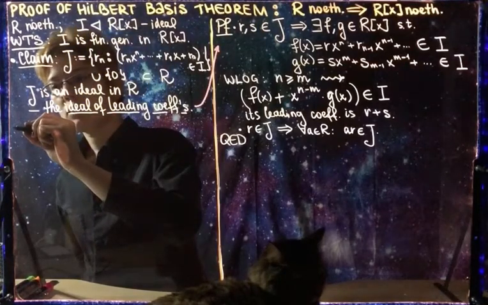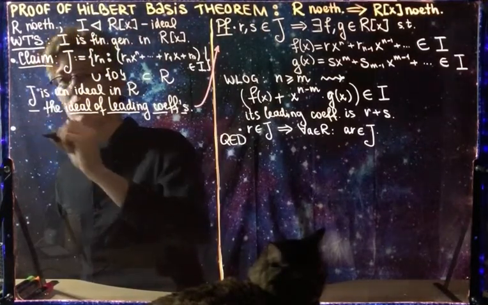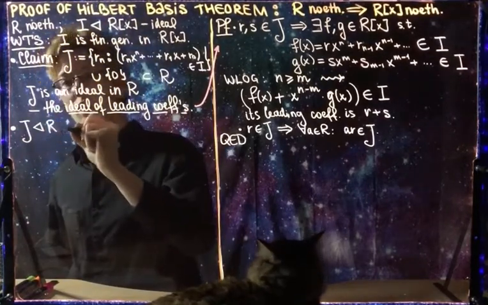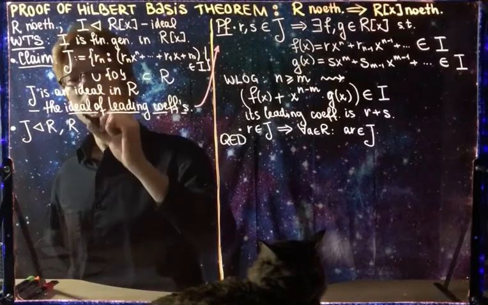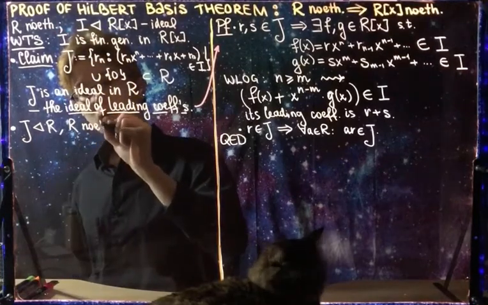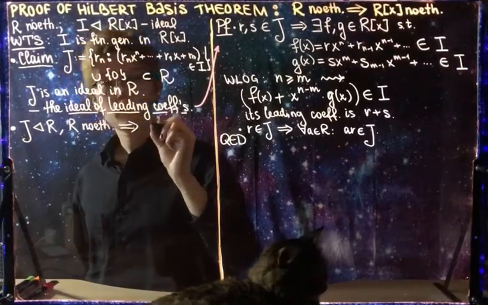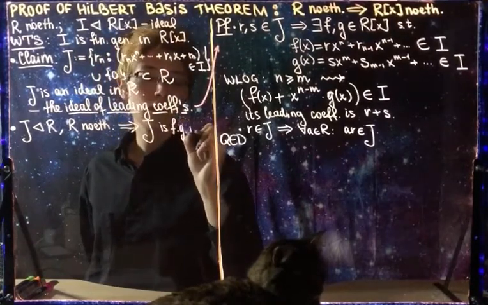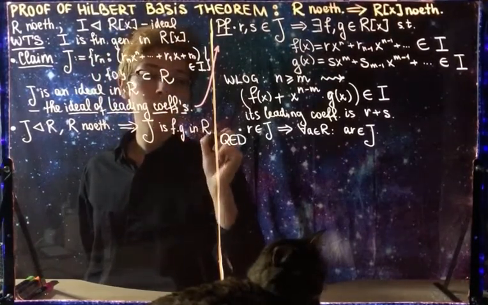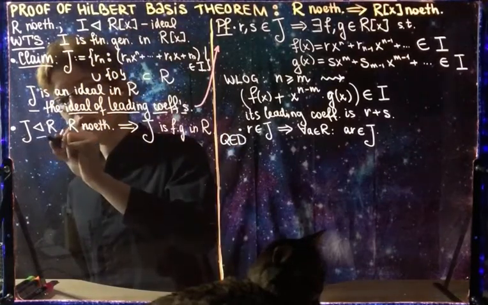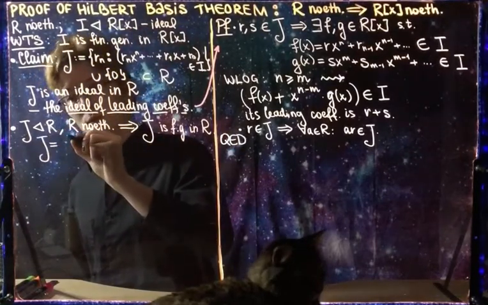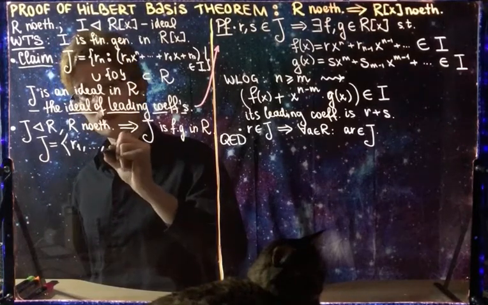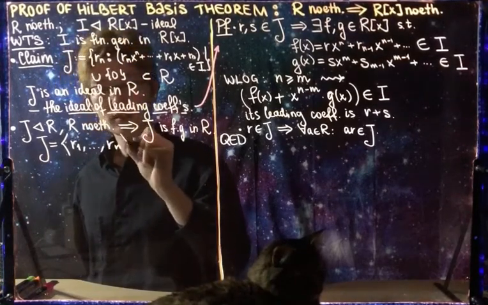And now J is an ideal in R, and R is Noetherian by assumption. So J is finitely generated as an ideal of R. So let's say that J is generated by R1 through Rn.